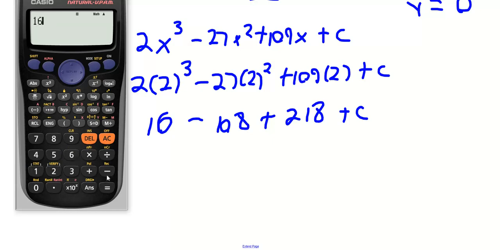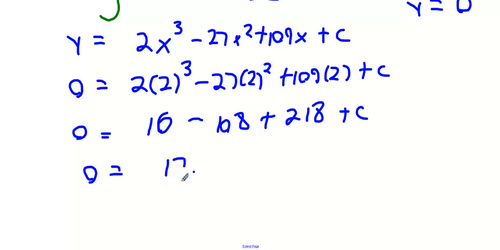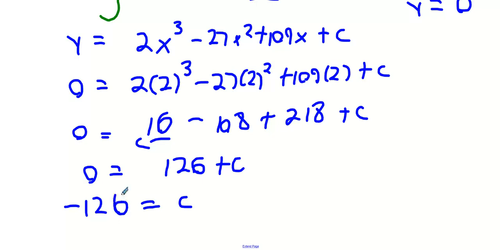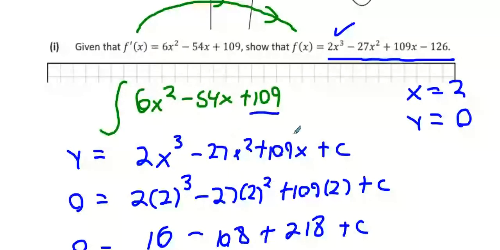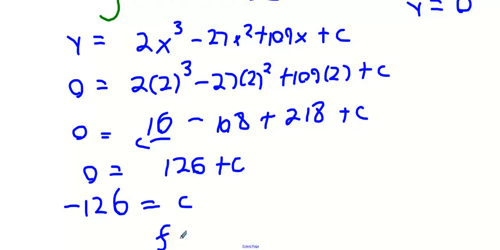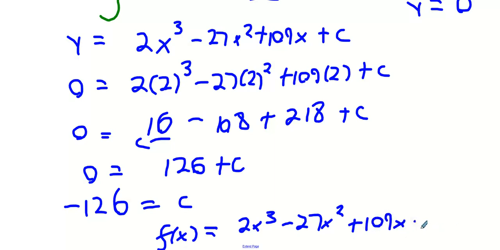So we got our 16 minus our 108 plus our 218. We got 126. 0 equals 126 plus c. And then c therefore must be equal to minus 126, which is what we predicted. So therefore f of x, or your y value, equals 2x cubed minus 27x squared plus 109x minus 126. And that's easy peasy.